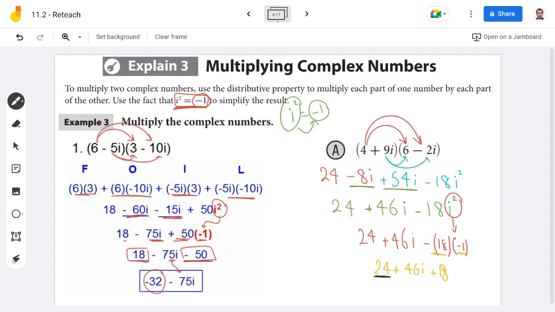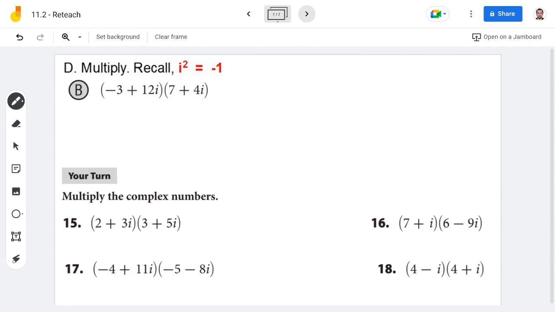The like terms are 24 and 18. 24 plus 18 is equal to 42, plus 46i. So this is the final answer. I hope you understand this lesson. This is an easy lesson, just multiplying the numbers.